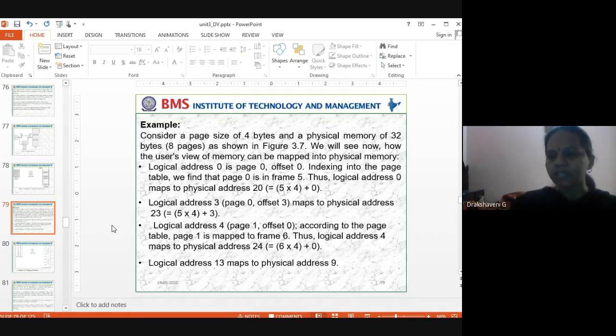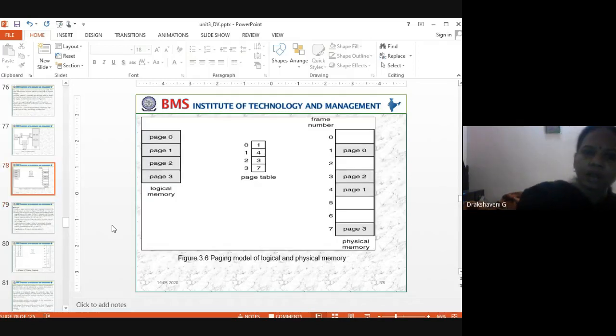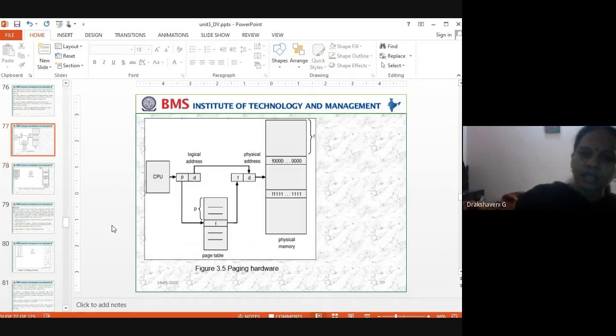What is the address of the physical table? What is the address of the page table? Okay, logical address 3: page 0, offset 3 maps to physical address 5 into 4 plus 3, which is 23.